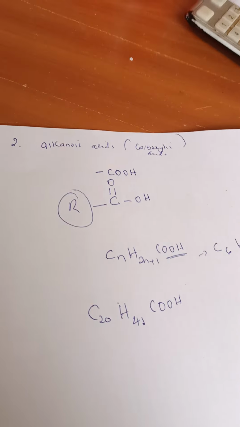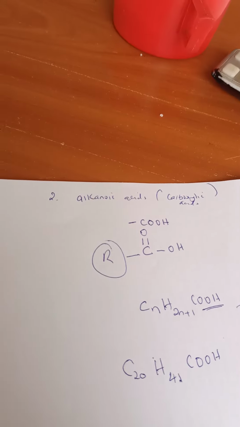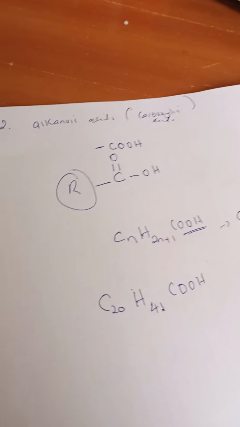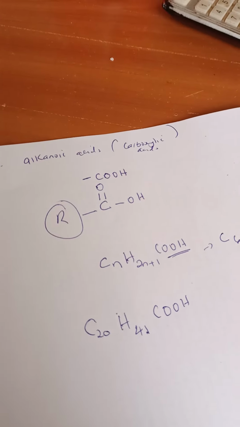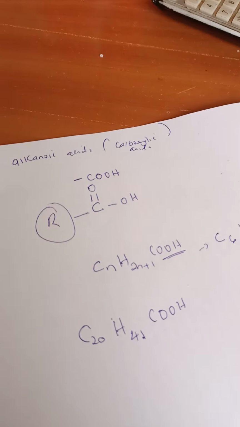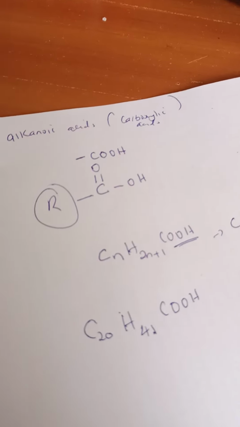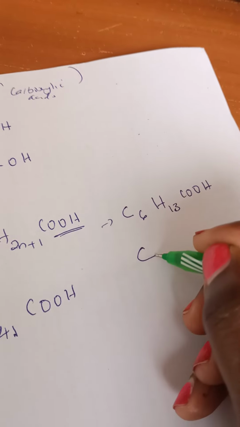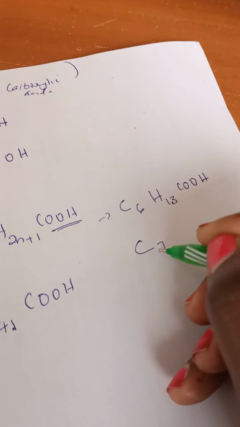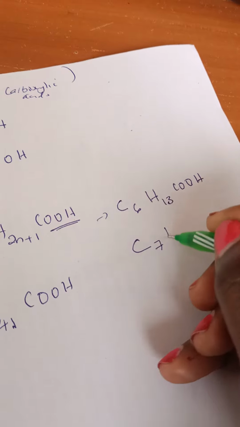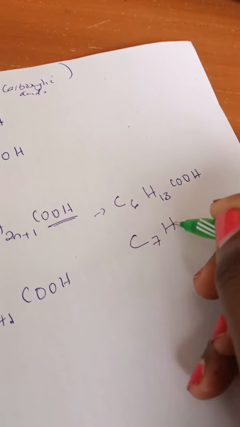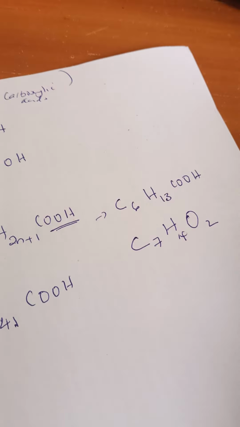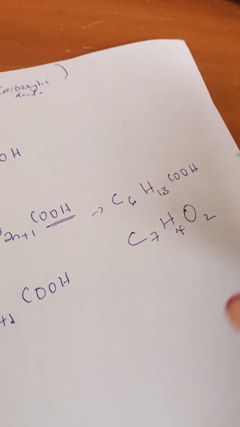We can also do the molecular formula, whereby you combine the carbons in that, and you can write the molecular formula like this. With 6 plus 1, 7 carbons, then H, 13 plus 1, 14, then O2: C7H14O2.